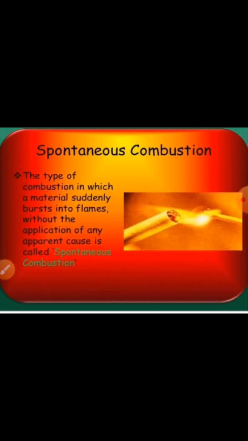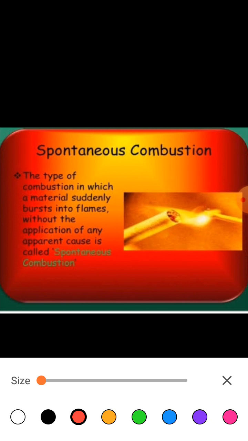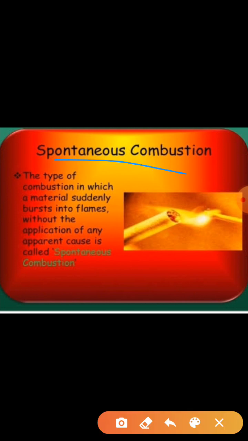Next is spontaneous combustion. This is the type of combustion in which material suddenly bursts into flames without any apparent cause. Apparent cause means any heat, without the application of heat or fire. It is called spontaneous combustion. What it means is that the substances burst into flames, catch fire, without the application of heat, like the forest fires if you have seen.